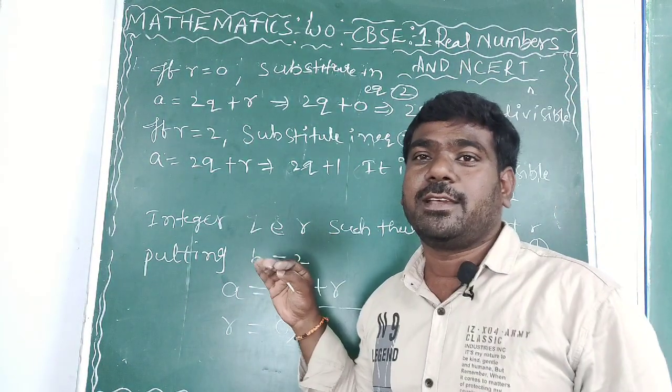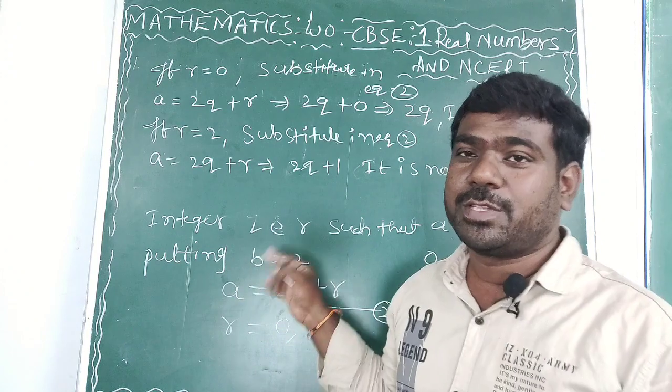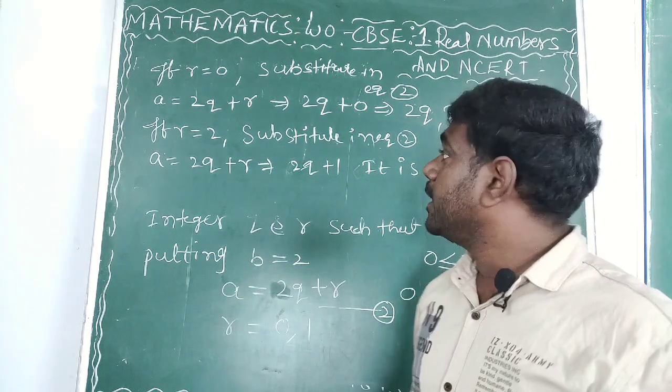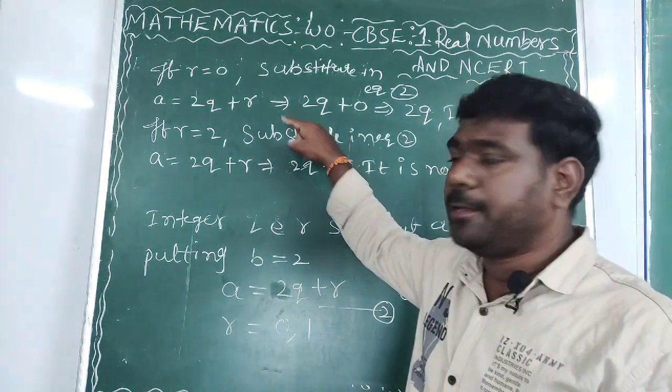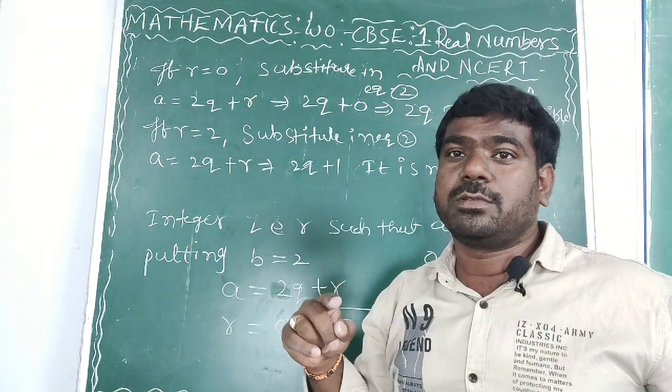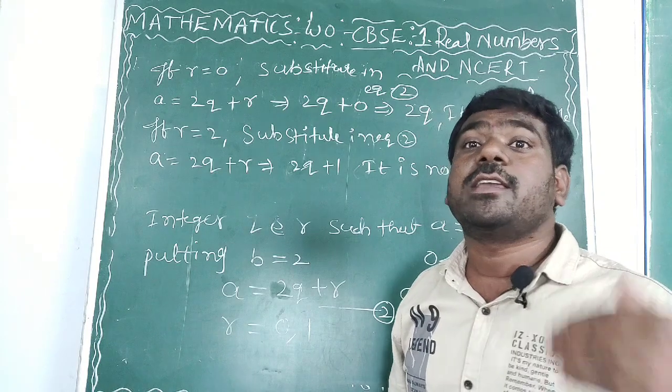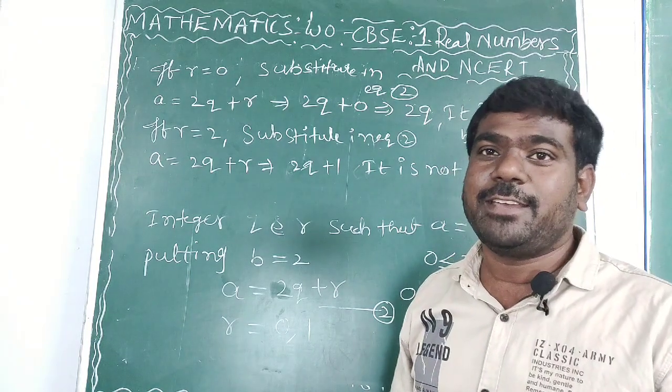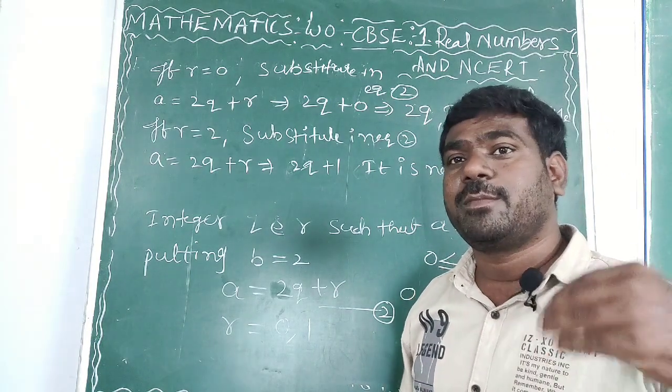So, sir, what do you understand here? If a number is divisible by 2, what can we say? It is an even number, a multiple of 2.